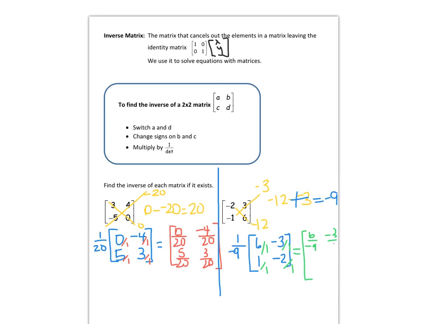Then 1 over negative 9, and negative 2 over negative 9. Again, you might want to change that to positive. But other than that, that's our inverse. And we would be able to use that in another day to solve.